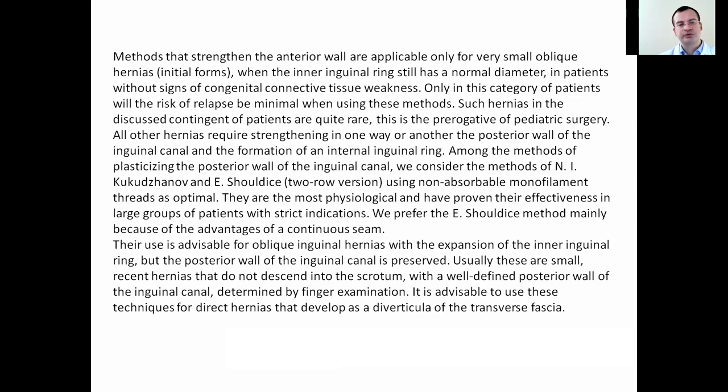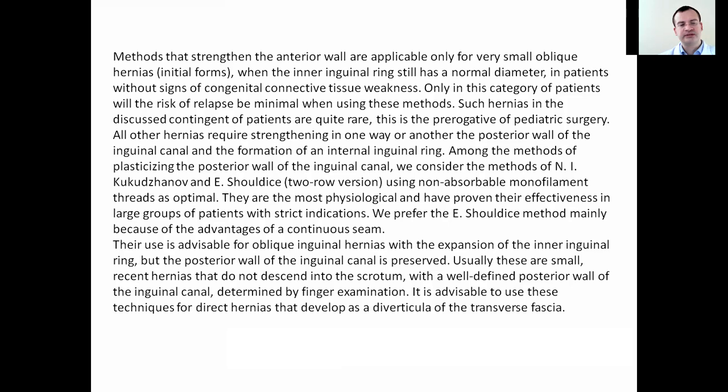Using non-absorbable monofilament threads is optimal. They are the most physiological and have proven their effectiveness in large groups of patients with strict indications. We prefer the Shouldice method mainly because of the advantages of a continuous seam.